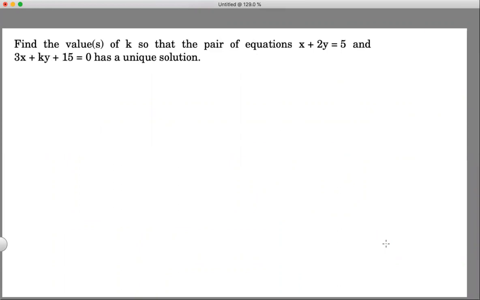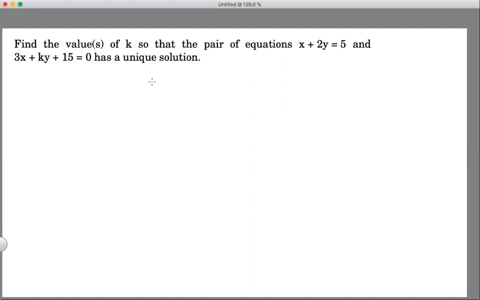Find the values of K so that the pair of equations have a unique solution. So for a unique solution, what should be there? A1 by A2 is not equal to B1 by B2. Very good, right?